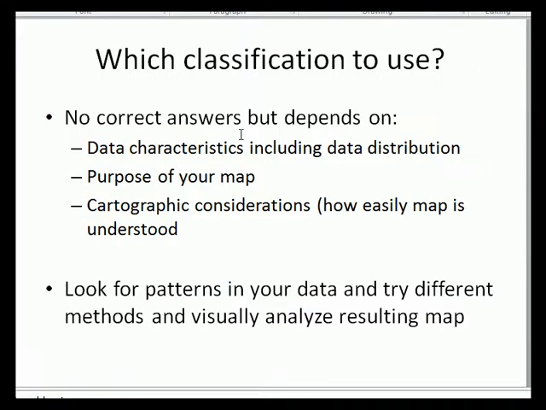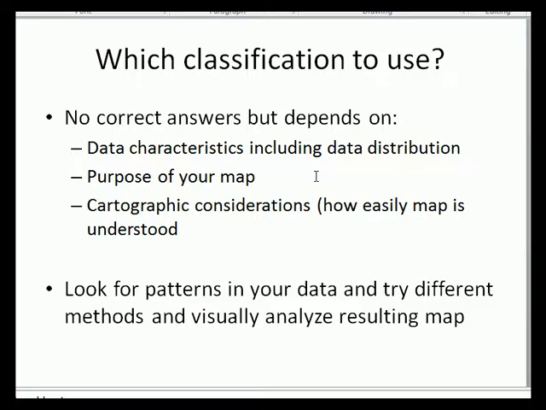So which one of those should you use? There's no one answer. It depends on the characteristics of your data and the distribution of your data, the purpose of your map, as well as cartographic considerations of how easy a map is to understand. What you should do is look for patterns in your data, and you should try different methods and visually analyze the resulting map.